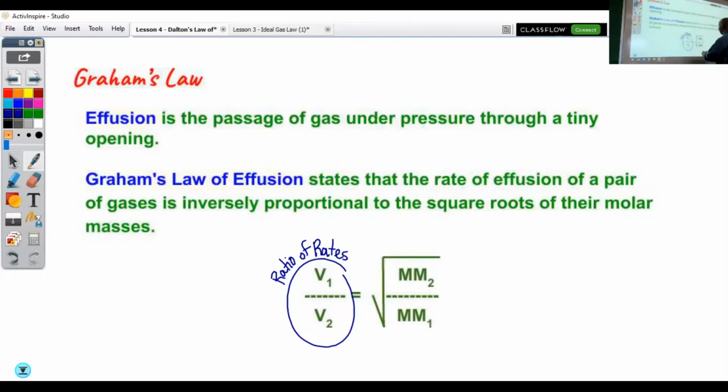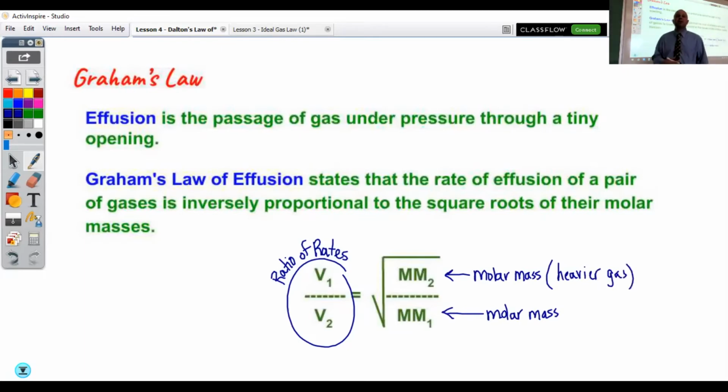So in this case, we have molar mass 2 and molar mass 1. Please remember to put the heavier gas on top. When you do your calculations, you'll wind up with a number that's greater than 1 that you can use as part of your explanation.